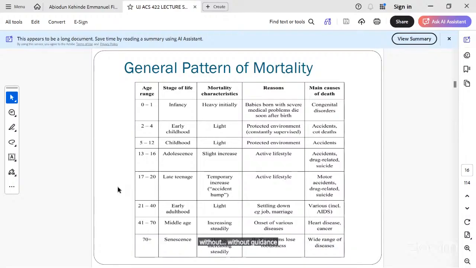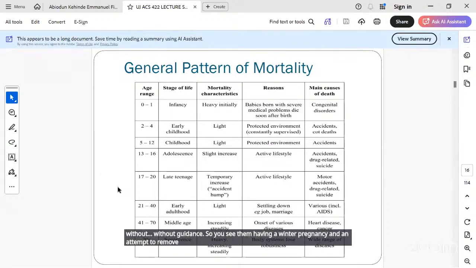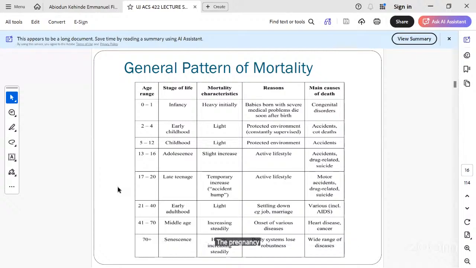So you see them having unwanted pregnancy, and in an attempt to remove the pregnancy, many of them will die as a result. But as compared to ages 13 to 16, it's increasing.